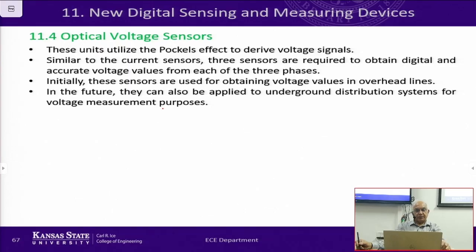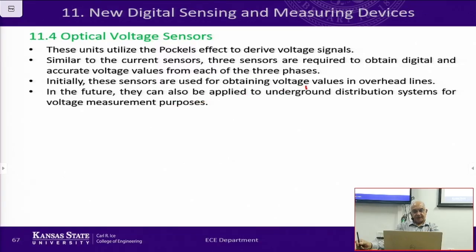Similar to current sensors, there are also optical voltage sensors that are available, and they again use optical technology to measure voltage, and they have significantly higher accuracy compared to voltage transformers. Although voltage transformers are pretty accurate, I think current transformers are the ones that have more accuracy issues.